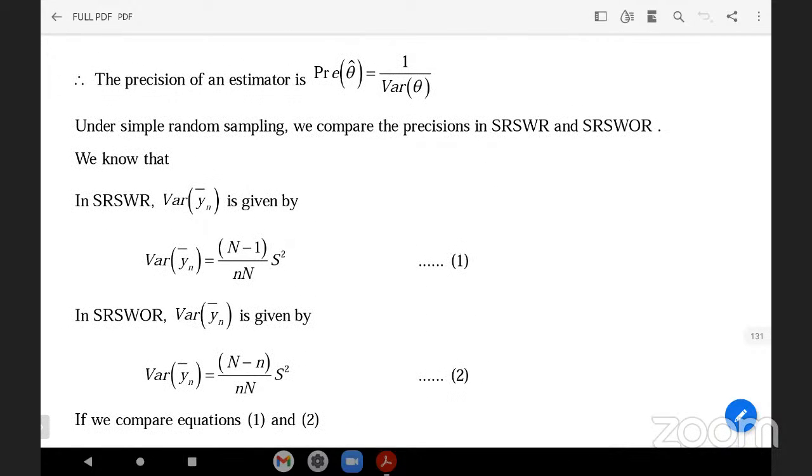It differs in the two ways, without replacement and with replacement. Without replacement, the precision of the estimator is 1 divided by capital N minus small n over small n capital N into s square. With replacement, it is 1 divided by capital N minus 1 by n into capital N into s square.